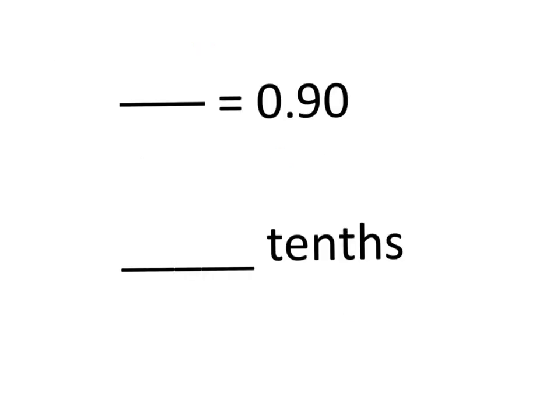The next one is a little tricky, because that is 0.90, right? That 0 is in the hundredths place, so that would really be equal to 90/100ths. All right, which is the same as how many tenths, where the 9 is in the tenths place, so it would be equal to 9/10.